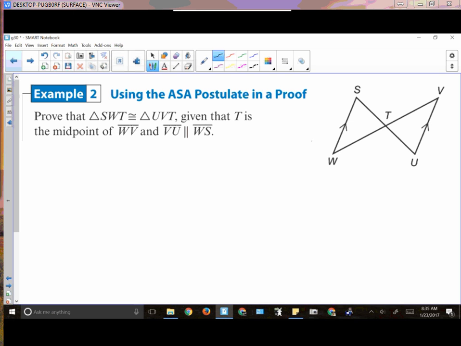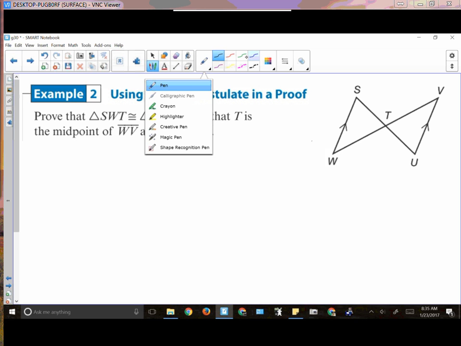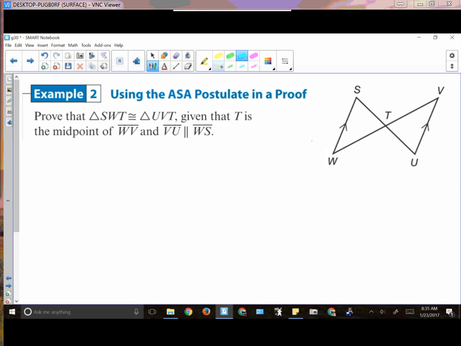So, try and do a proof of this. I want to prove that triangle SWT right here is the same as triangle UTV. These two triangles here are supposed to be the same.